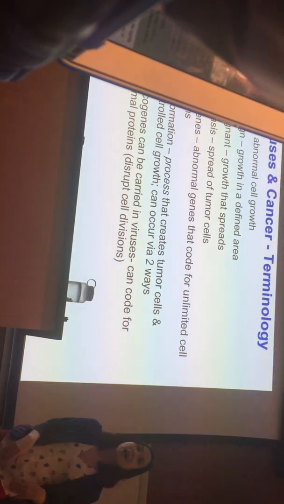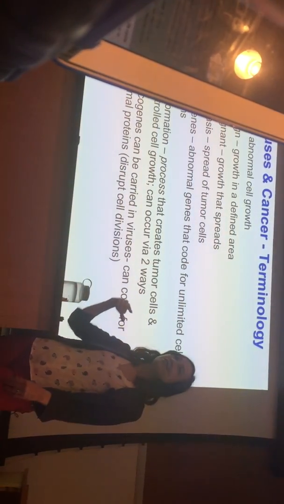Those abnormal genes that tell your cells, all right, divide like crazy. Viruses can carry around sometimes that information. And if you get infected with that virus that's carrying that abnormal genetic information, it'll trigger your cells to start dividing like crazy. So that can happen.